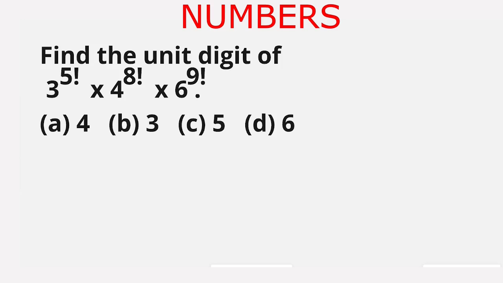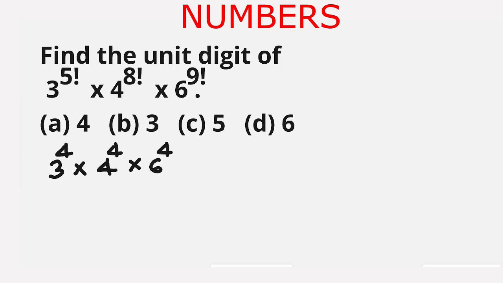The unit digit of 3 is 3 and 3 to the power 5 factorial, as 5 factorial is divisible by 4, the remainder will be 0, but we will write it as 4. Multiplied by 4 to the power 8 factorial can be written as 4 to the power 4, as 8 factorial is also divisible by 4, multiplied by 6 to the power 9 factorial can also be written as 6 to the power 4, as 9 factorial is also divisible by 4.